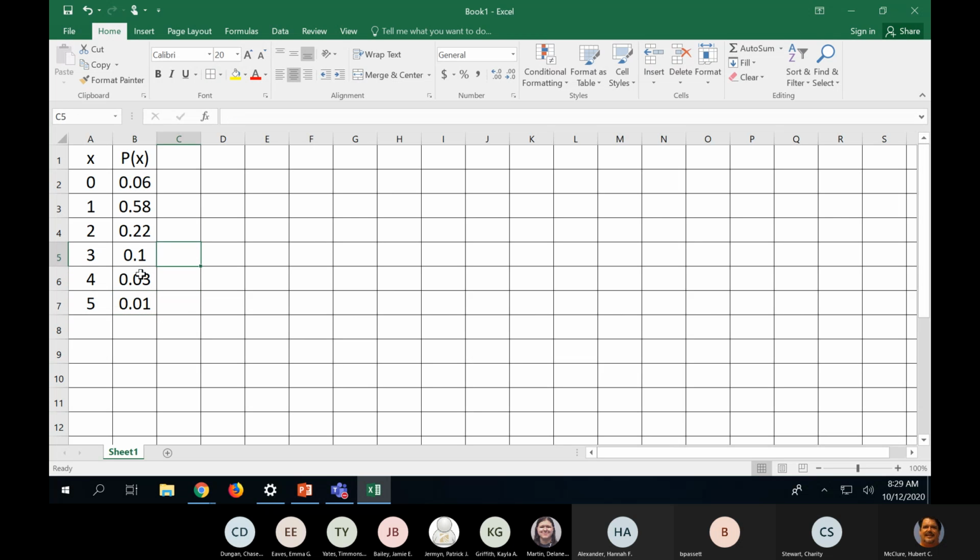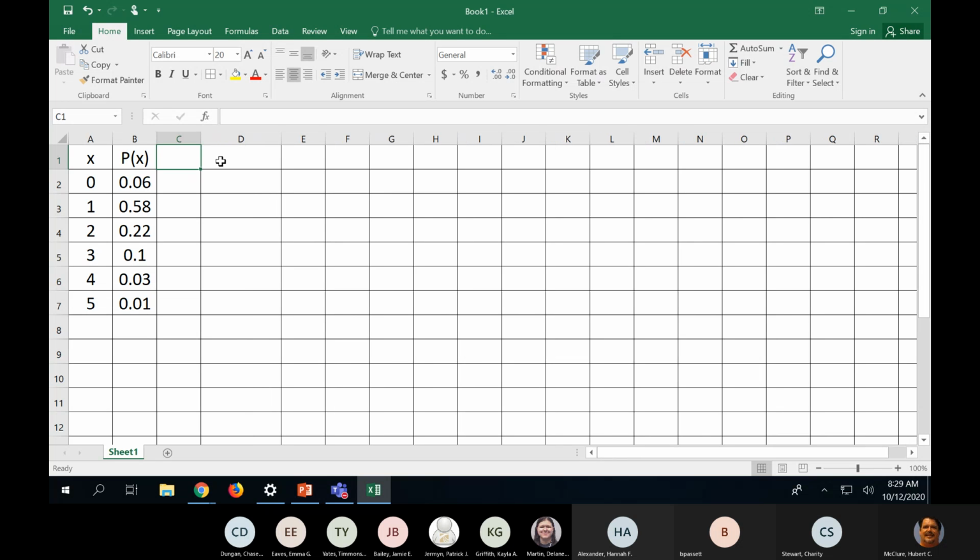So if I wanted to find the mean, I'm going to go over here a little bit and call this row x times p of x. That's equal to this guy. I'm going to do the first one in my head, 0 times this guy. That is copied down.